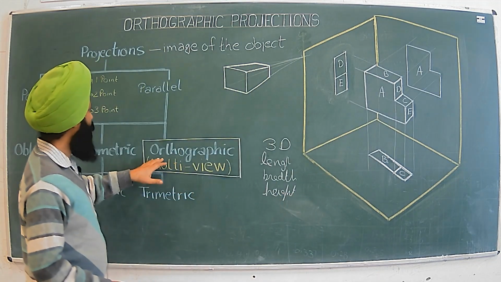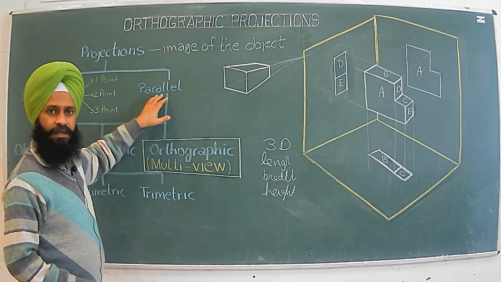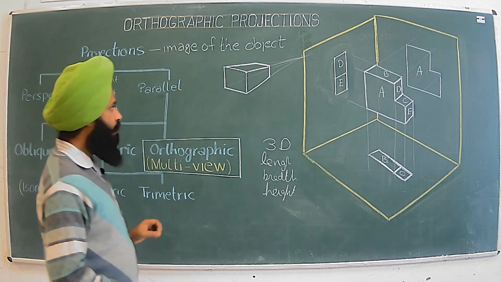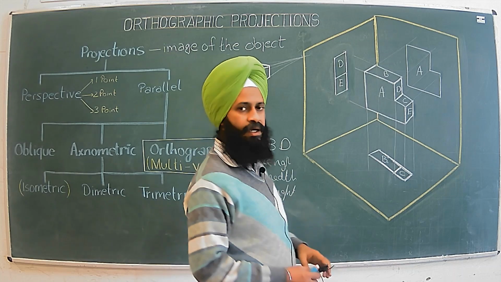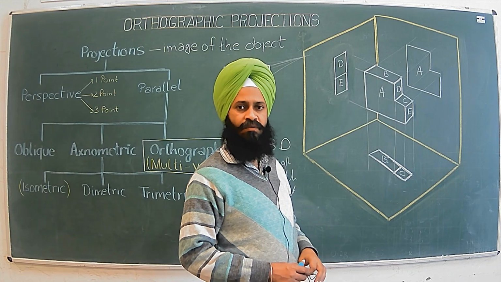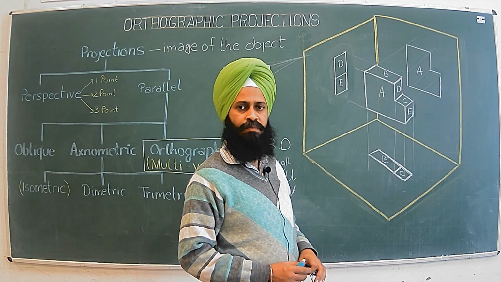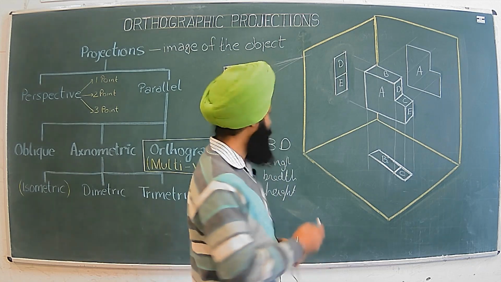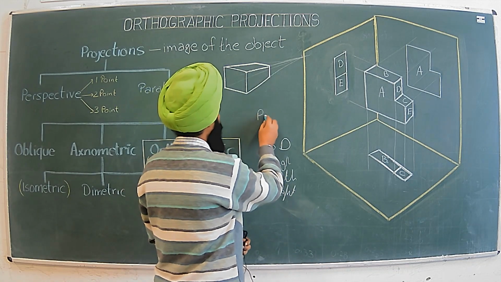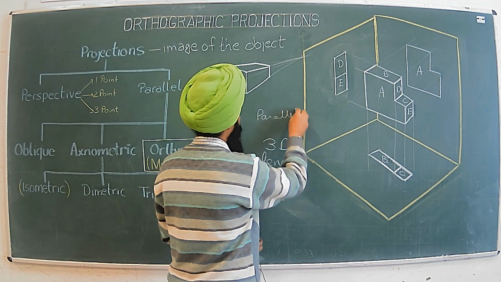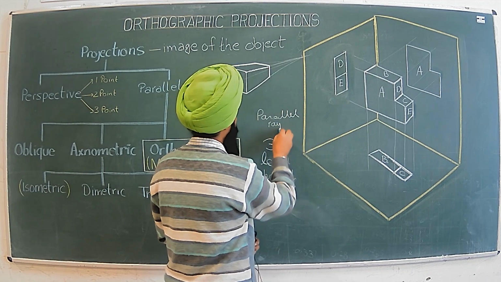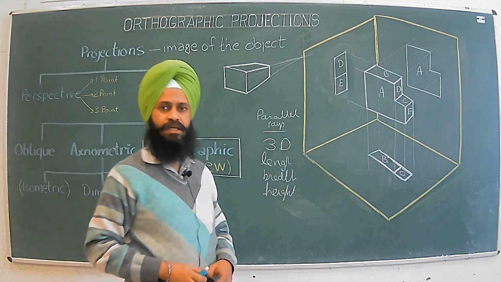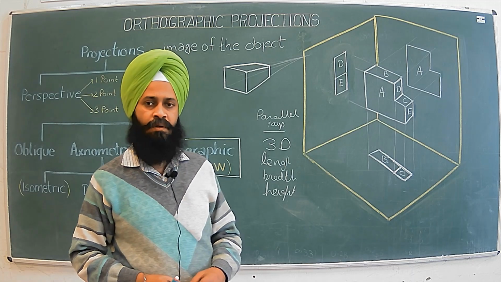As orthographic projections are a type of parallel projections, we require the rays of light to be parallel to each other.